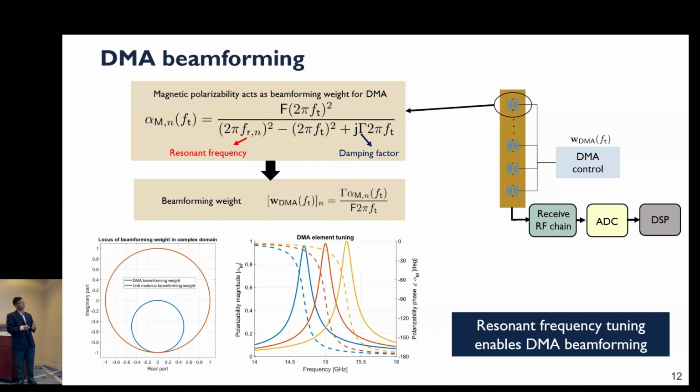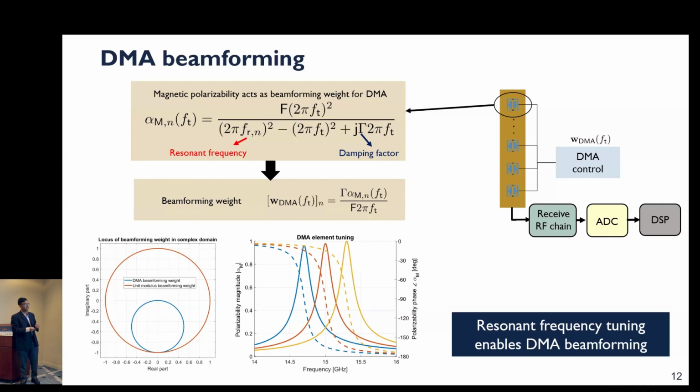Now this is a complex number, and let's look at the locus of this complex number in the complex domain. In a typical phased array, we have a unit modulus constraint, which means the magnitude is uniform across different phases. Whereas here we see that the locus of the DMA beamforming weight is a circle offset from the origin. So it has a coupled magnitude and phase constraint.